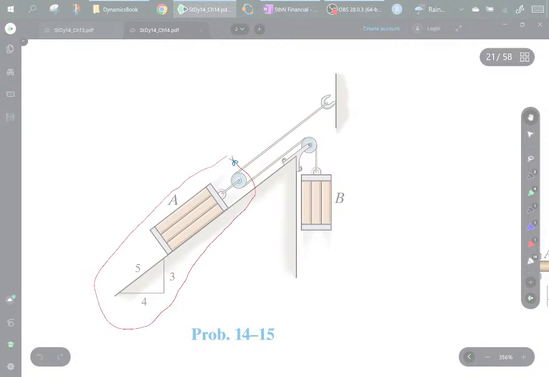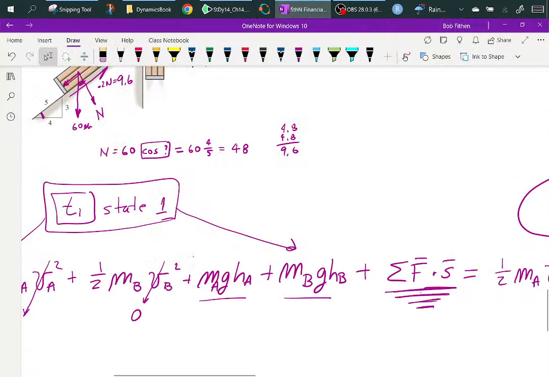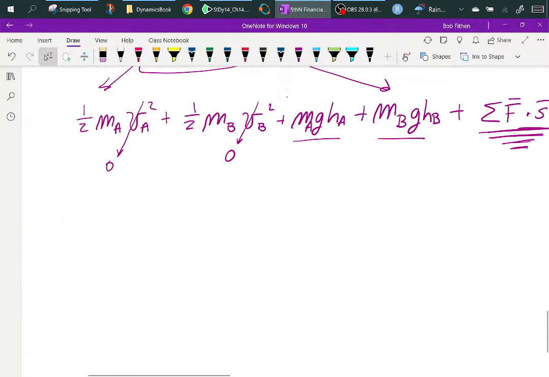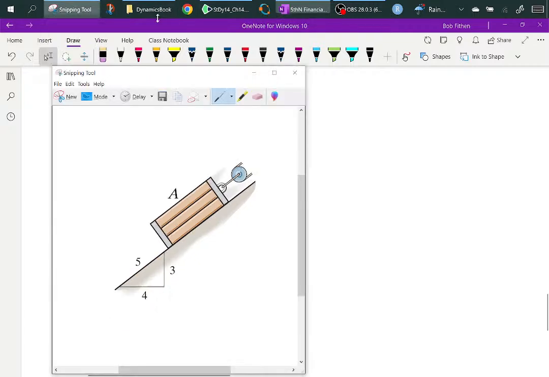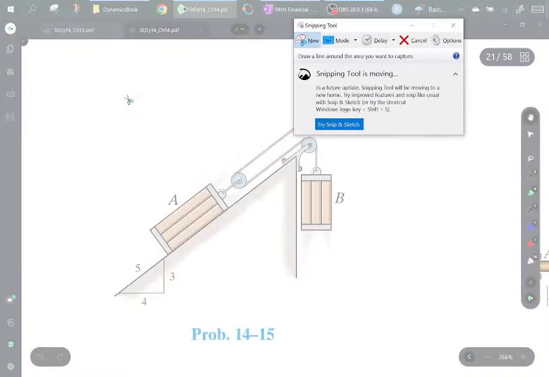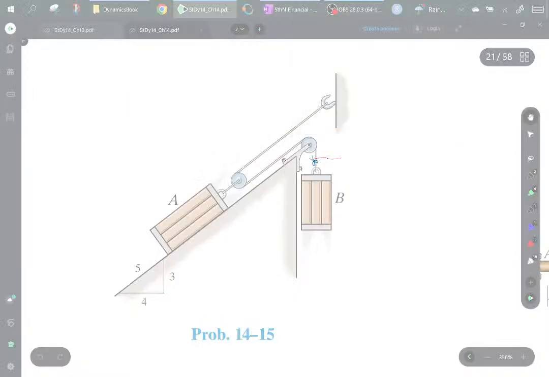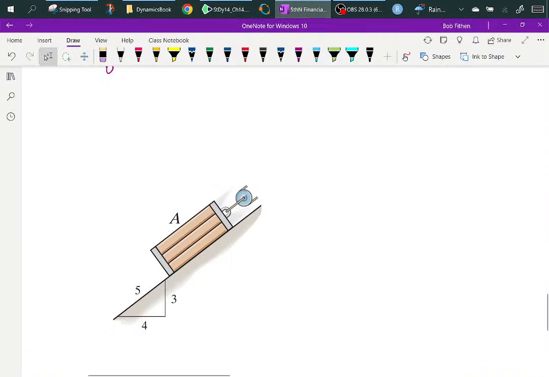Then I'll go all the way to there. Okay, go back to here. I'll just put it right there. And then I'm going to go to the other one and clip it as well. Let's see. I can clip it, slip down here, and then drop it right in here.